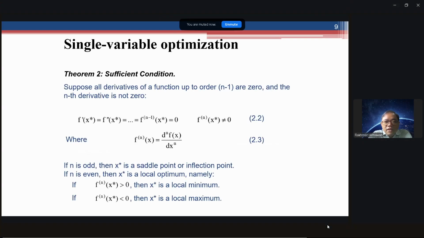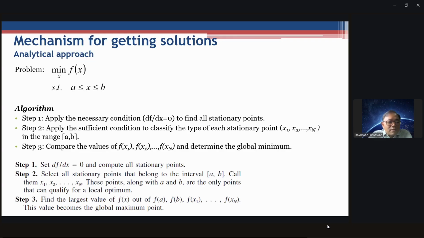So sufficient, and this is just a theorem, but we have steps of our algorithm with an analytical approach for getting a solution. This is from two different references, but basically it's the same.